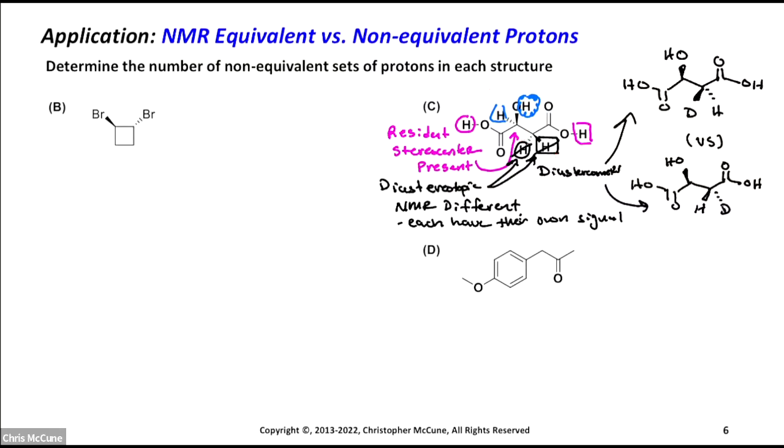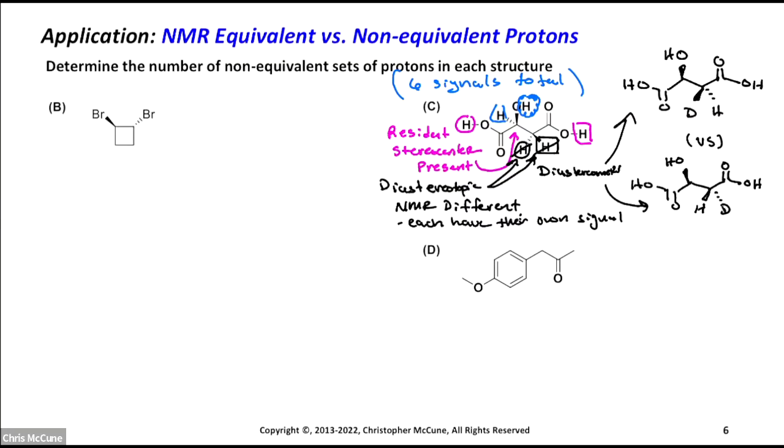So we should see 6 signals total in the NMR spectra. Okay, now hopefully those signals are all resolved. They're not overlapping, so you'd be able to see them clearly then. All right, so that's that one.